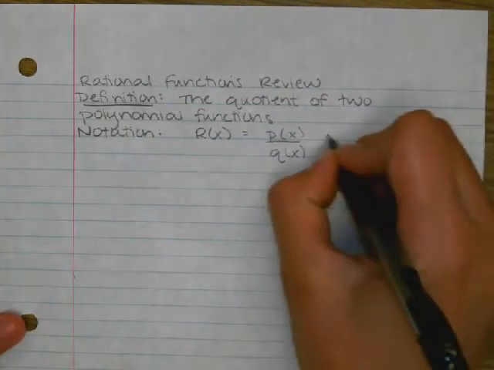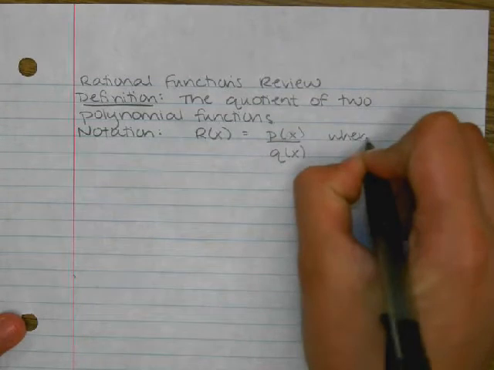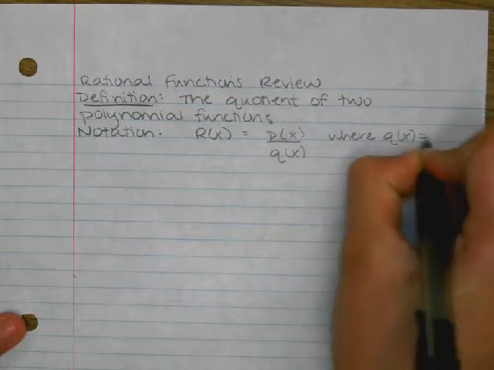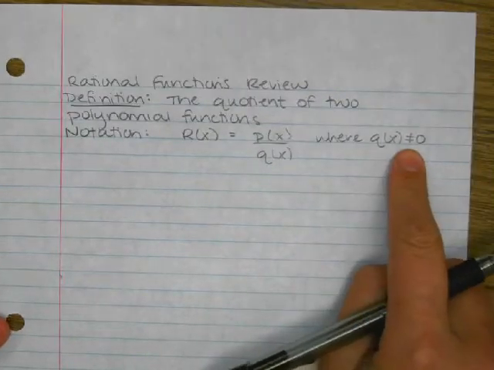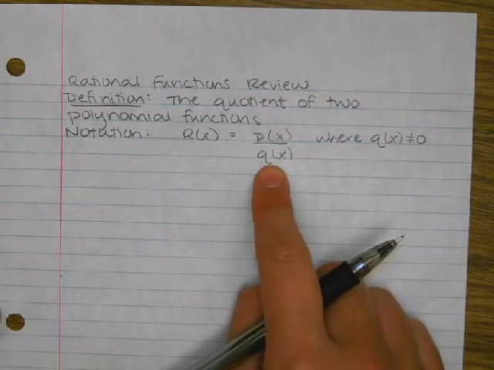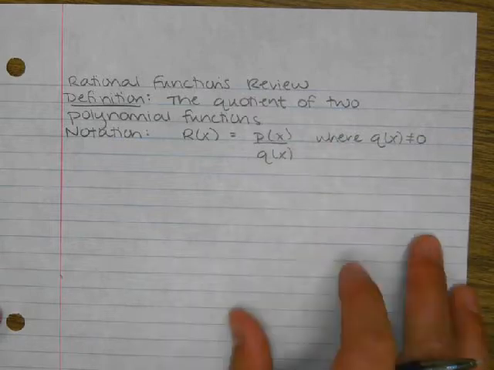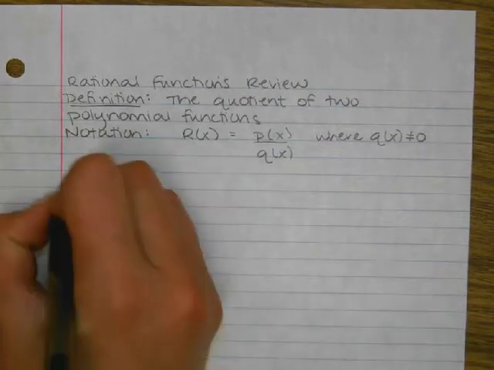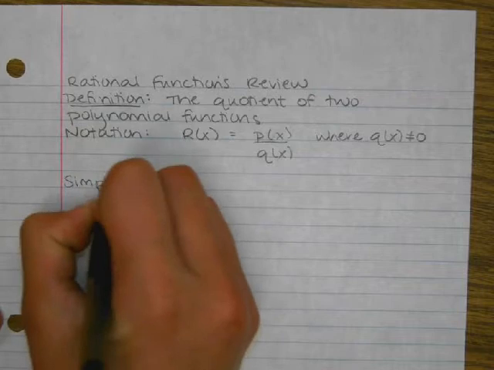And this is where q of x does not equal 0, and we just put that in there because you can't divide by 0, and so we want to make sure that our function on the bottom does not make it so the whole fraction is undefined.